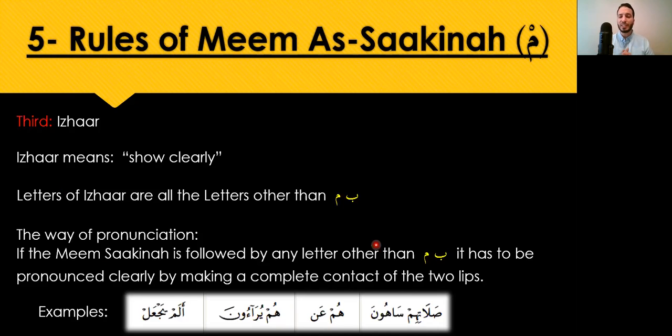And the shortest amount of time is when you're pronouncing the Meem, not Sakina. When you're pronouncing the Meem with haraka, that's actually even shorter than that amount of time. When you say ma mimu, kaman, for example, if I'm pronouncing a word, kaman qala, kaman.